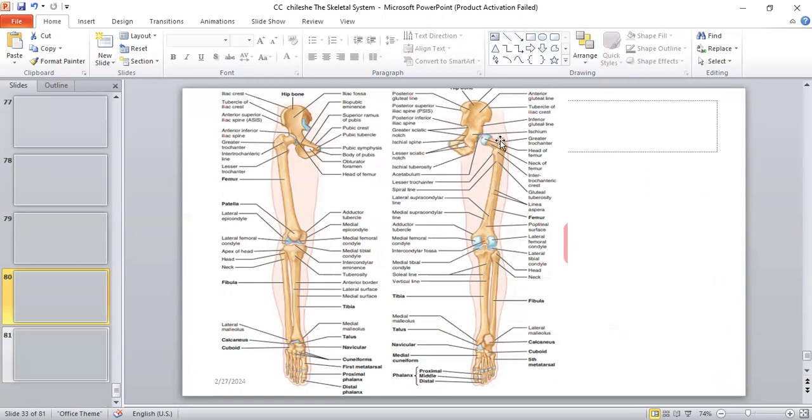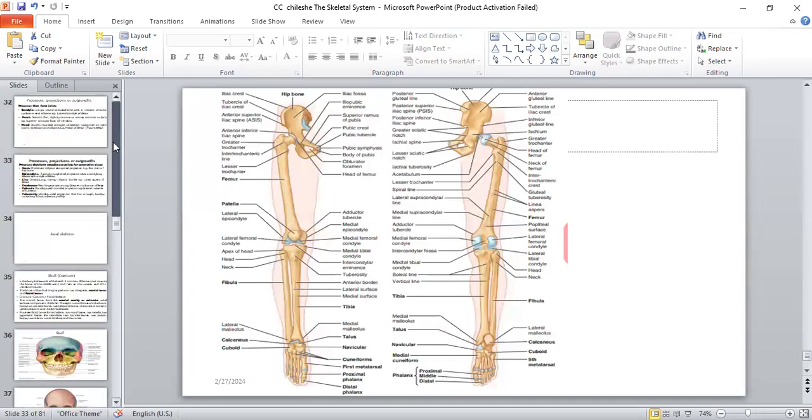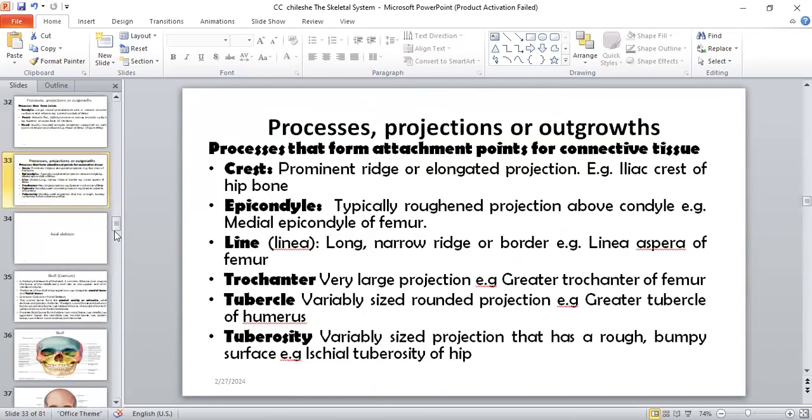So we have a greater trochanter and a lesser trochanter. The line that passes between these two trochanters is known as an intertrochanteric line.